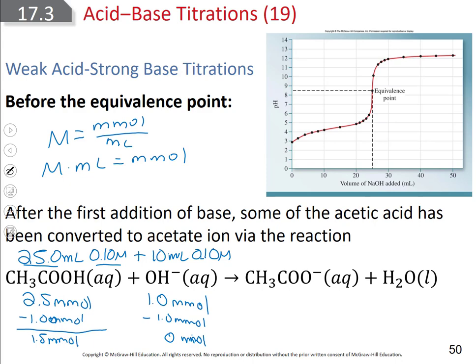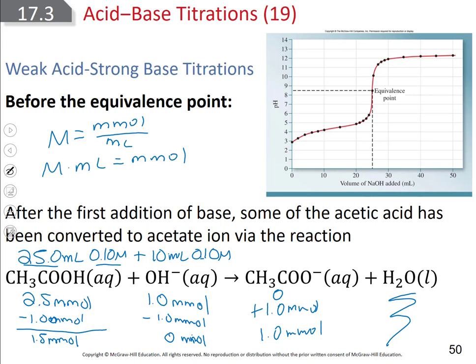Over here on the product side, what's going to happen? We can ignore water, it's a liquid. But what about the acetate ion? Good, we're going to add 1 millimole. So now we have 1.5 millimoles of acetic acid and 1 millimole of the acetate ion.